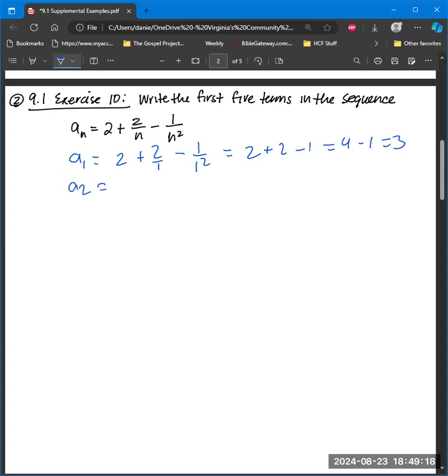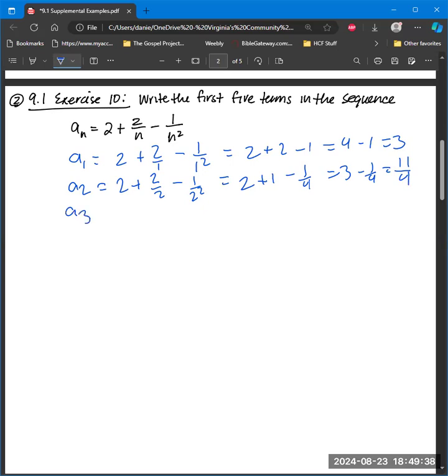A sub 2 is 2 plus 2 over 2 minus 1 over 2 squared is 2 plus 1 minus a quarter is 3 minus a quarter is 12 minus 1 is 11 quarters.